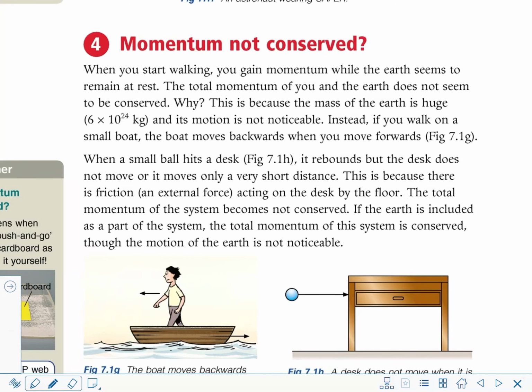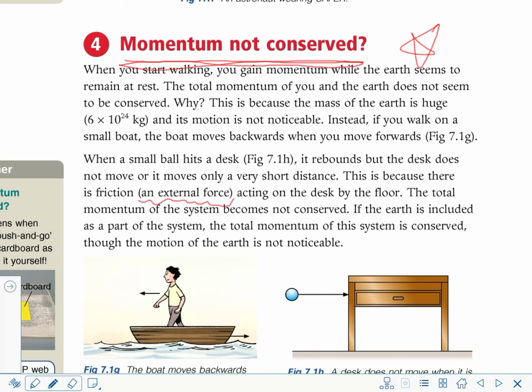Total momentum. This is the most important point. We have studied the types of collision, and also the law of conservation of momentum. But what is the condition for total momentum to be conserved? There is one important point you must highlight.